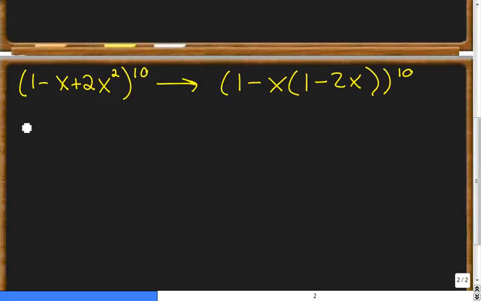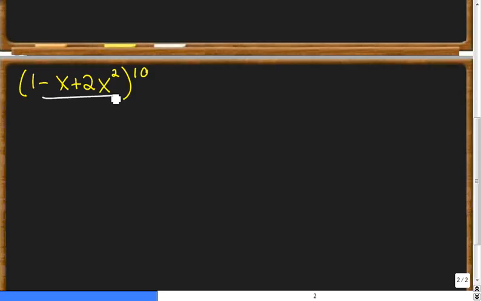So we had our 10 choose 0. We have 1 to the 10th. We have our negative x times... or actually, hold on, excuse me. I still think it was better to just consider this as a whole term.